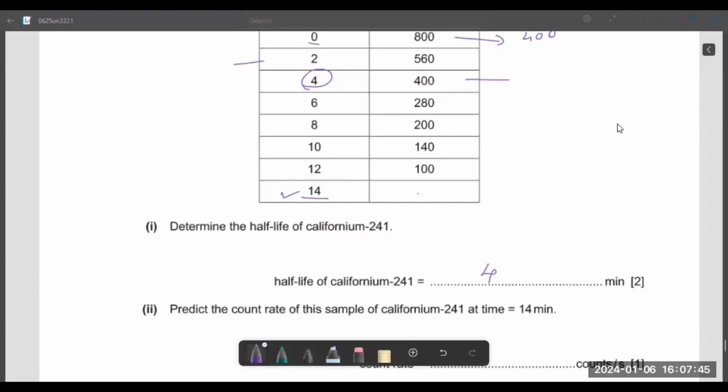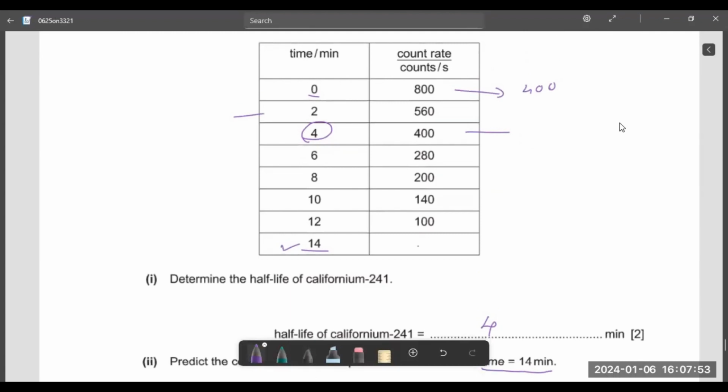Next, predict the count rate of this sample at time t equal to 14 minutes. So we'll take 14. When it is 2 minutes, the count rate was 560. We know 4 is the half-life of this sample.